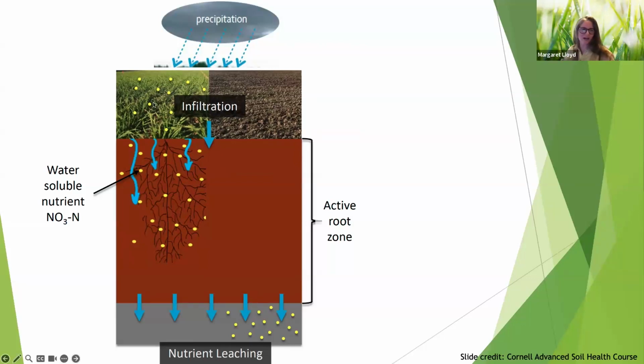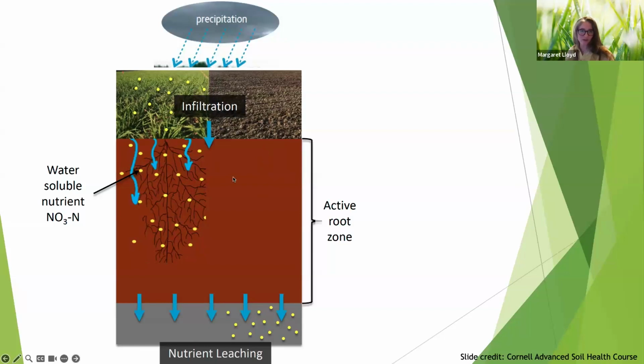So these little yellow dots represent water-soluble nitrate. And they're in the soil, they're moving down with precipitation, but with the presence of those roots are able to capture them and bring them back up to the above ground biomass.